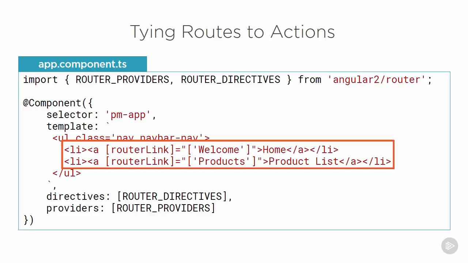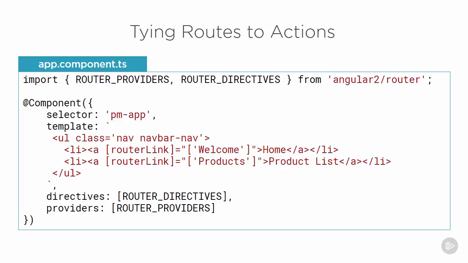Activating a component route displays that component's view. As we saw earlier in this course, when we use a directive in a component's template, we must tell Angular where to find that directive. We do that with the directives property of the component decorator. In addition to the router link, the component router provides several other useful routing directives that we'll see throughout this module.